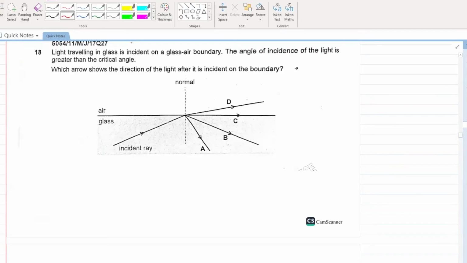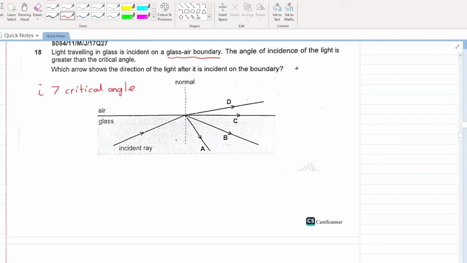Let's see this. Light traveling in glass is incident on a glass-air boundary. The angle of incidence of the light is greater than the critical angle. Which arrow shows the direction of the light after it is incident on the boundary?